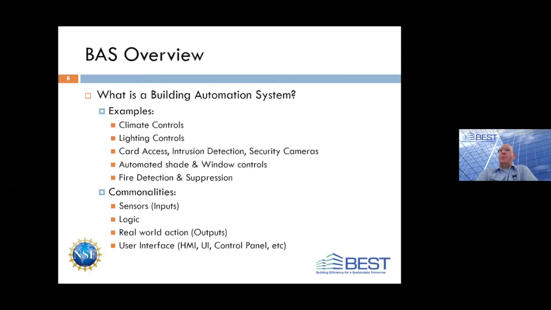Lighting controls, everything from occupancy sensors to light level sensors to even just the simple switch on the wall. Those are all inputs into our system. Sensors and inputs are all ways that we monitor real world data. What is happening in the real world that we're trying to control or use as a reference to control something else?